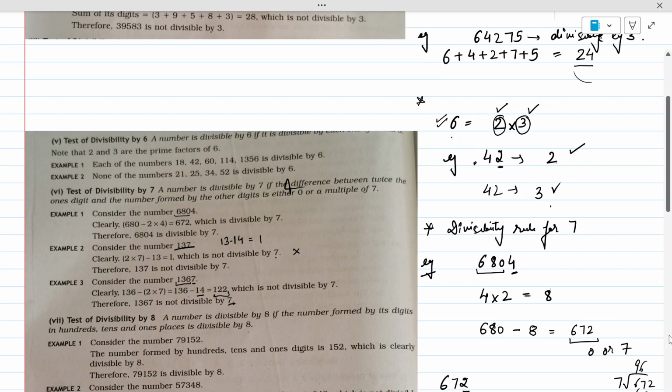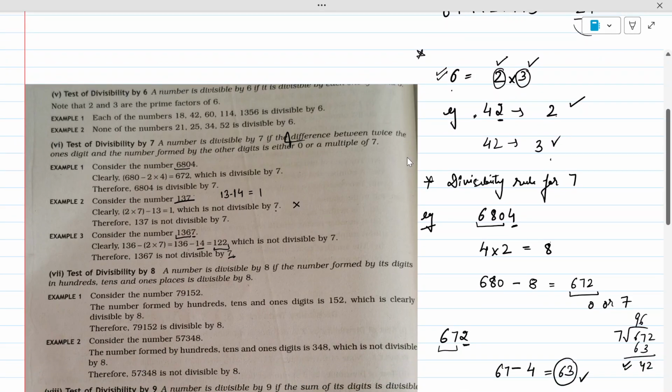Then we have learned the divisibility test for 7. For 7, we first take twice the number at the unit place and subtract that from the remaining digits. If the difference is either 0 or a multiple of 7, then the number is divisible by 7.